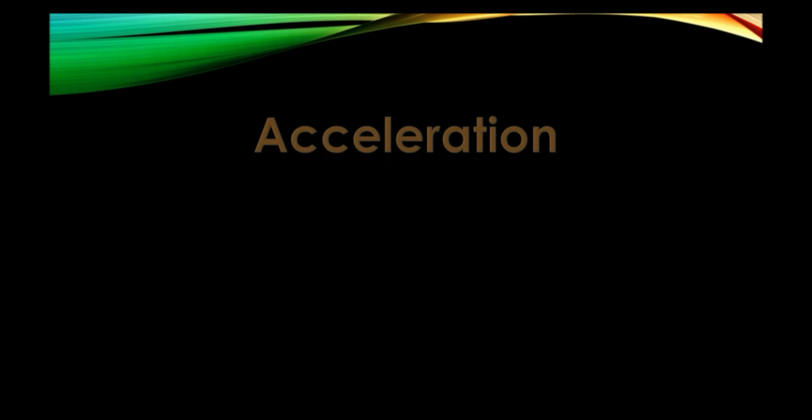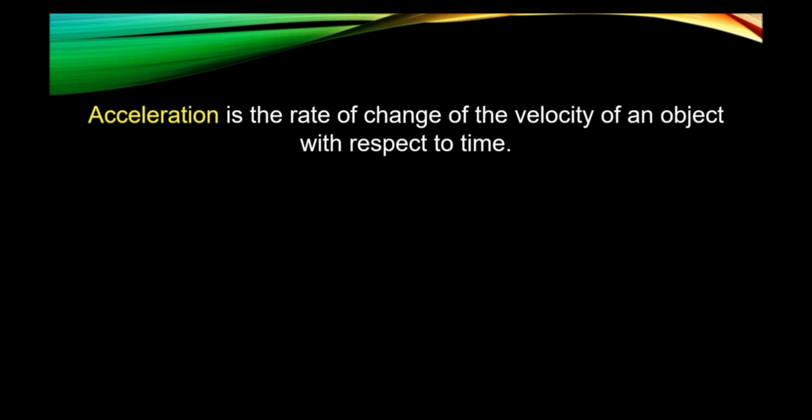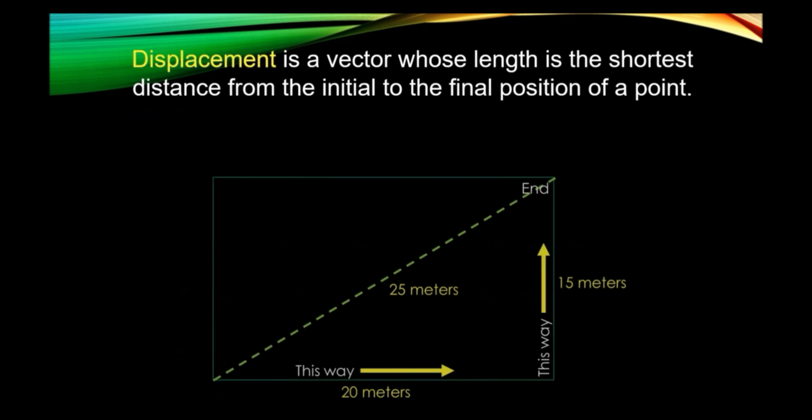In grade 7, you learned acceleration, displacement, and velocity. Acceleration is the rate of change of the velocity of an object with respect to time. Example, the initial velocity of a helicopter is 20 meters per second and the final velocity is 25 meters per second. Therefore the acceleration is 0.5 meters per second squared.